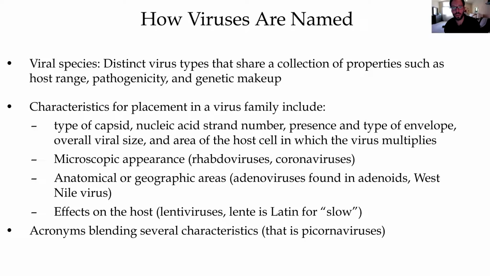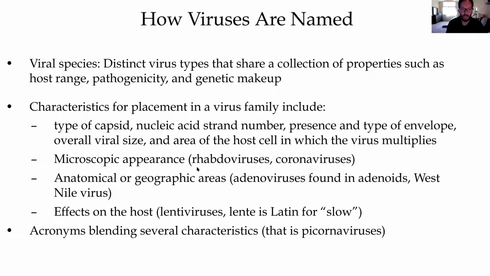And the more similar their genetic material is, the more closely related they are, presumably. The way the capsid is formed, if it's helical or icosahedral. If it's a nucleic acid strand that is an RNA segment, and the number of those segments, all these things play into the naming system, right?